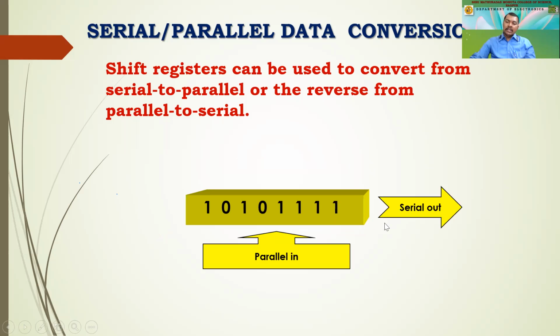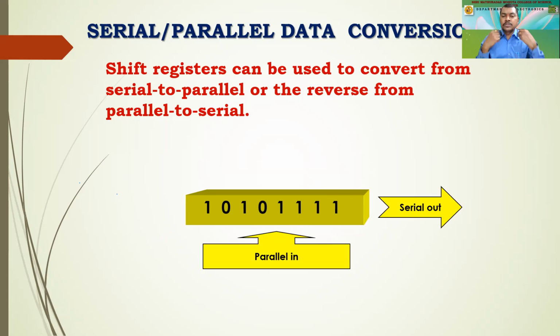Then we have parallel in serial out. I told you just now that we are using a keyboard, and in that keyboard, whenever we push a button, a code is generated, might be of 8-bit or 16-bit, and that code is in parallel. Now I want that parallel data to be shifted to the CPU or the processor.